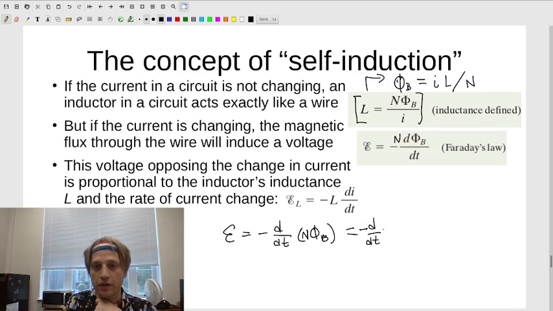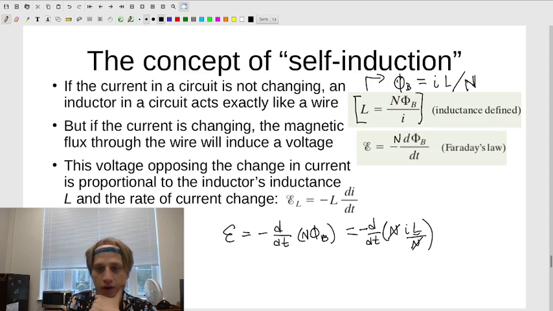Okay, so in this case I would have N times my flux written in terms of my inductance. So I'm going to put this in here as I times L over N. Now the N's cancel out.